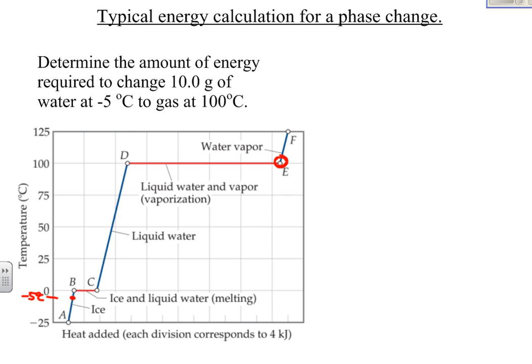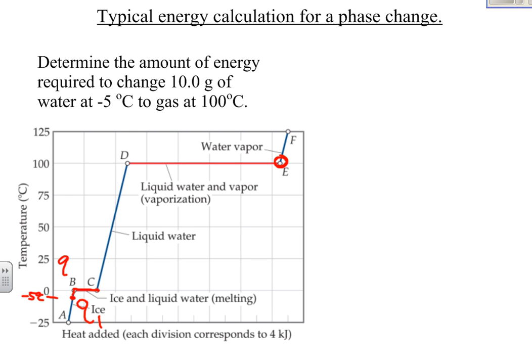First thing I'm going to have to do is heat that solid up to point B so that it will be at 0 degrees. So I'm still in the solid state. I'm going to call that Q1, the heat added to go from -5 degrees to B. Then I'm going to go from B to C, so that's changing the potential energy.